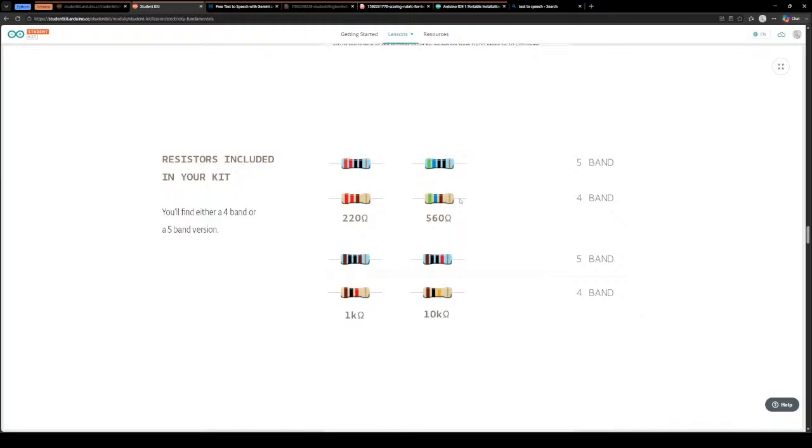Two blacks, a red, I think. So it's this one. I have this one where it's a yellow at the end, a blue and a red, and gold. That's not on here.